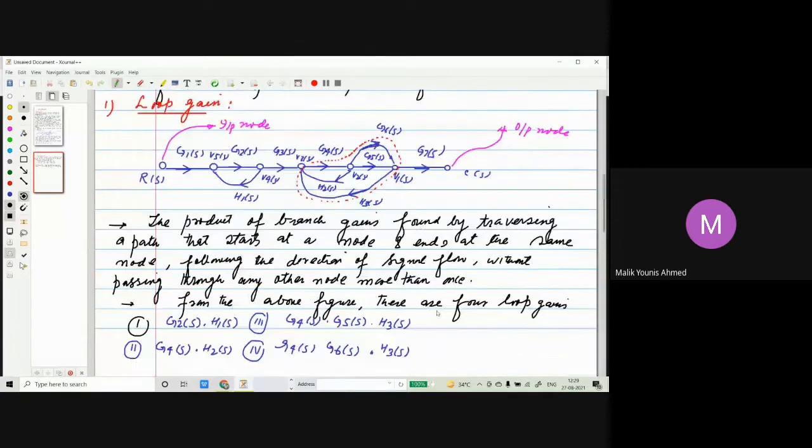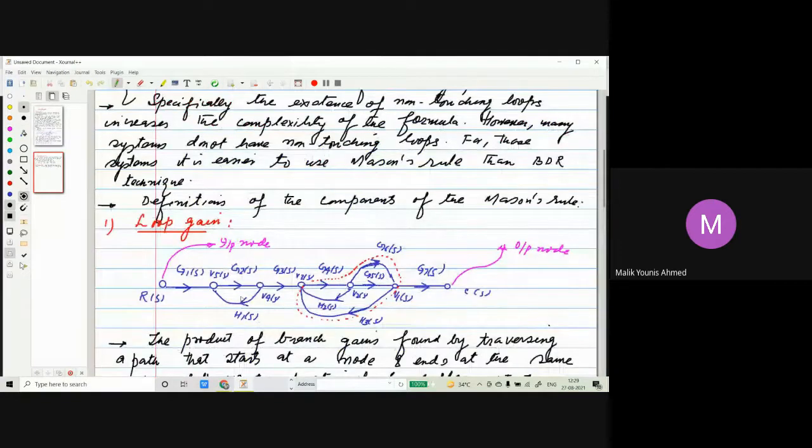You can see from the figure itself. Let's say this is loop 1 and this is loop 2. They are not touching each other. All the loops with 1, they are not touching each other, but the rest are all touching each other. That means 2, 3, and 4, which we have identified, have nodes in common, but loop 1 has no node common with all the other 3 loops.